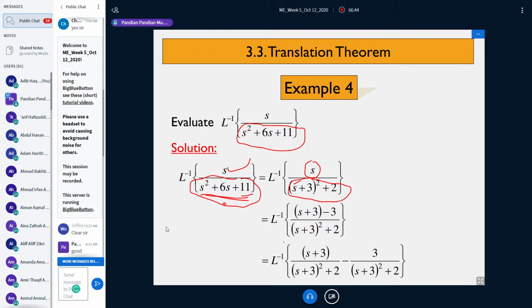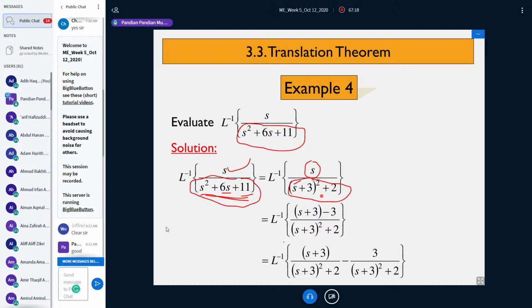Completing the square meaning this 6S I can write as 3S plus 3S. So if that is the case, I have to get 6S, 3S plus 3S. If I make it S plus 3 squared, then I get S squared plus 6S plus 9.